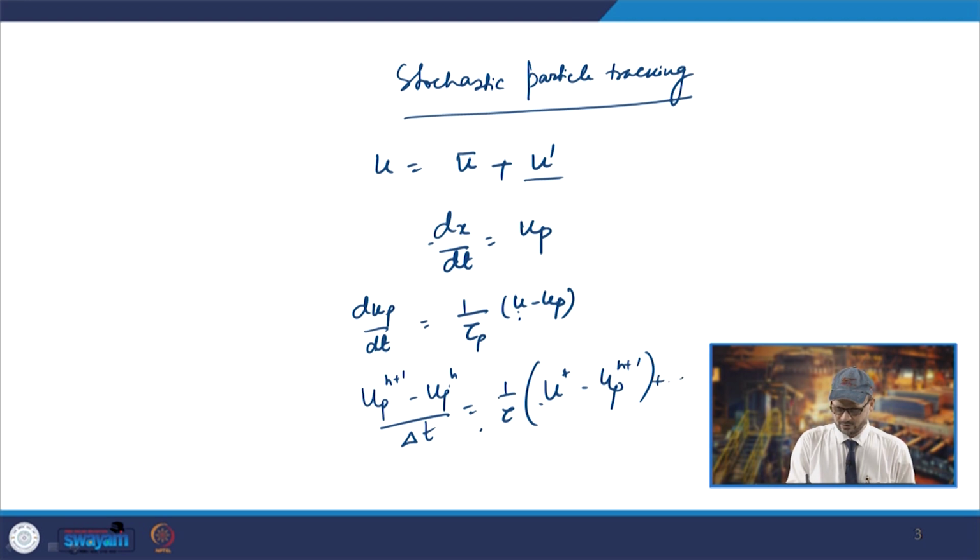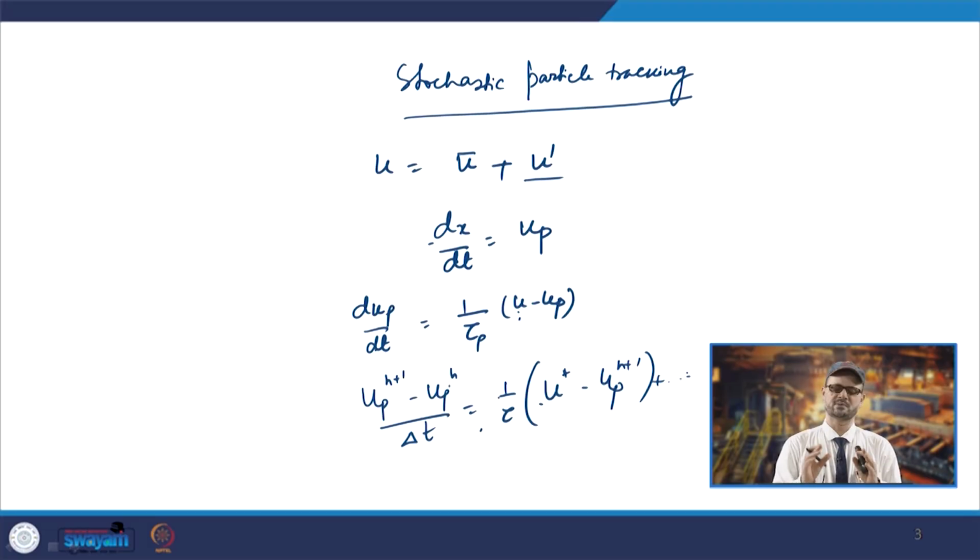Your u star will be the average of un and un plus 1, and un plus 1 will again be expressed in terms of un and the gradient of the un part.